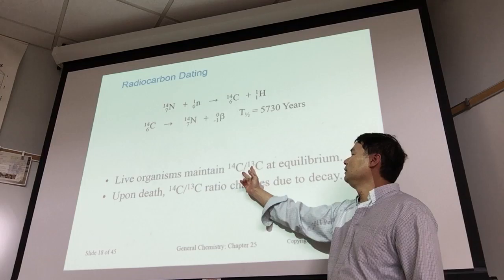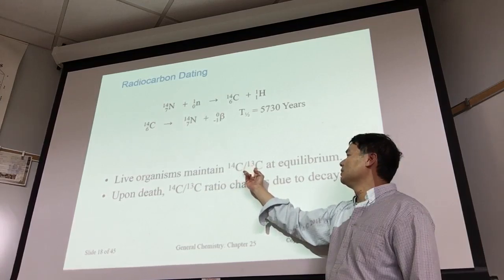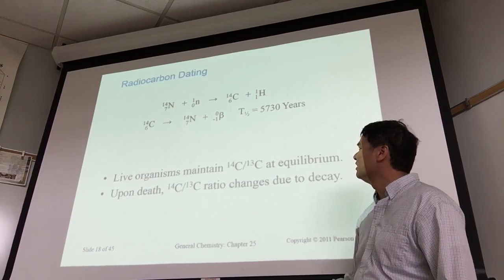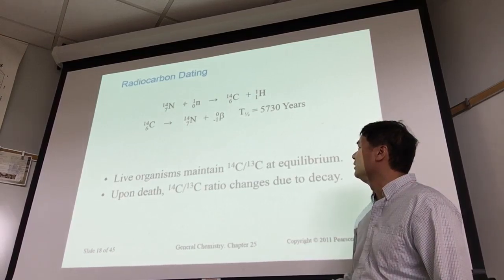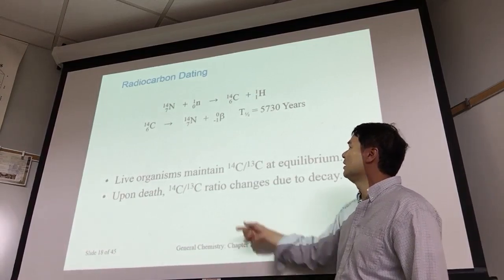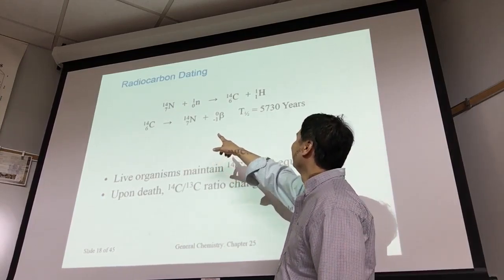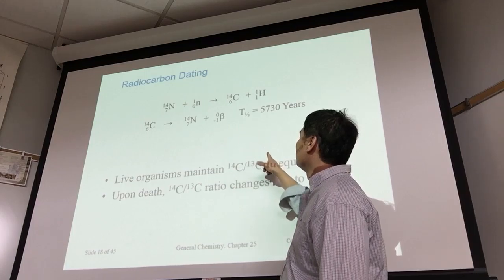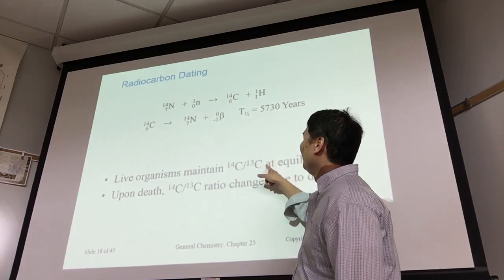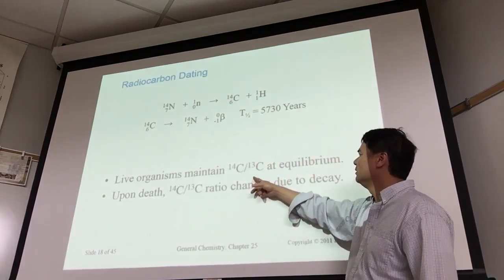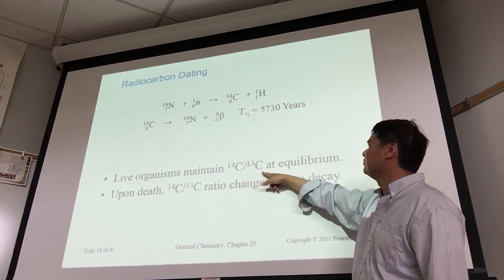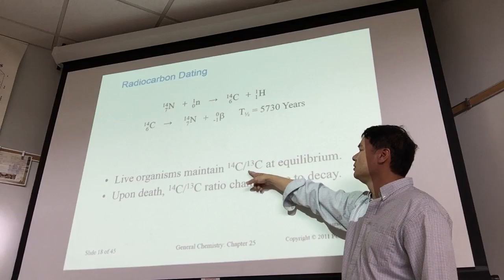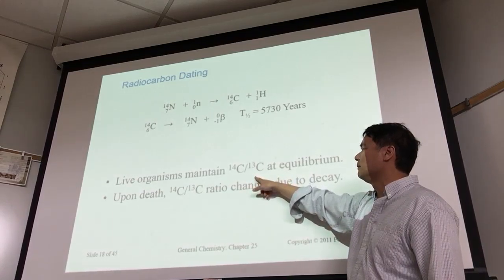We take isotope ratios, and then we can determine the percentage. This radioactive isotope is induced, and then the decay process starts. Living organisms maintain a carbon-14 to carbon-13 ratio at equilibrium, so we can measure this ratio very easily using a mass spectrometer.